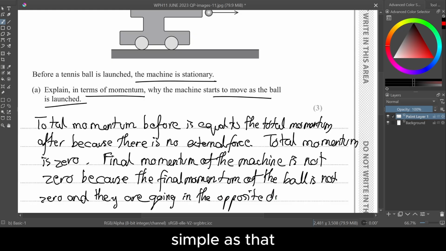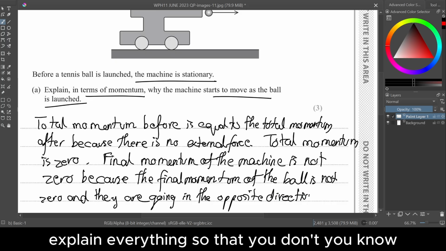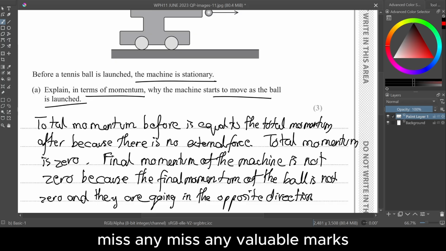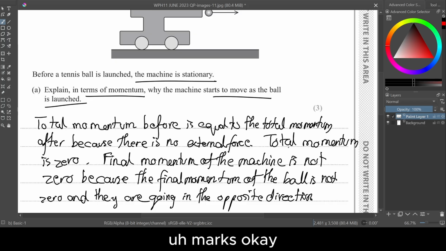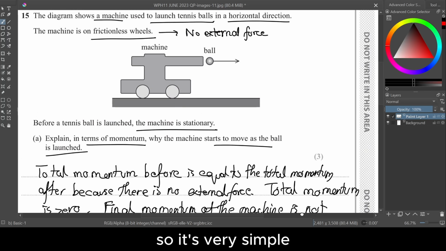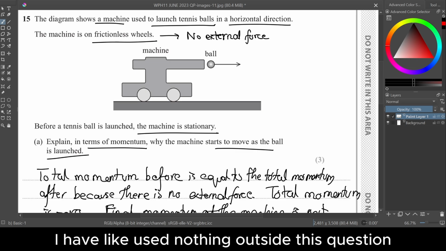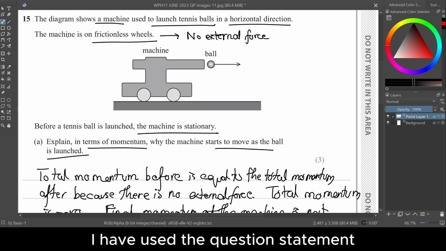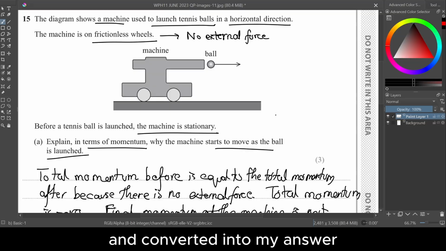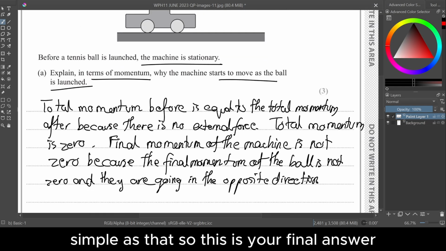Simple as that. Explain everything so that you don't miss any valuable marks. Okay. So it's very simple. Understand the statement and just reply the statement. Like you can see, I have used nothing outside this question. I have used the question statement and converted it into my answer. Simple as that. So this is your final answer.